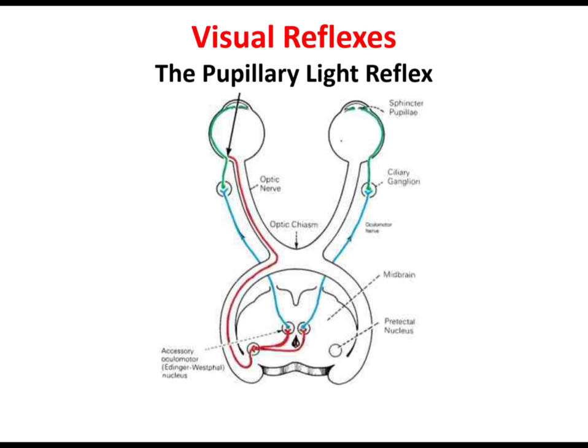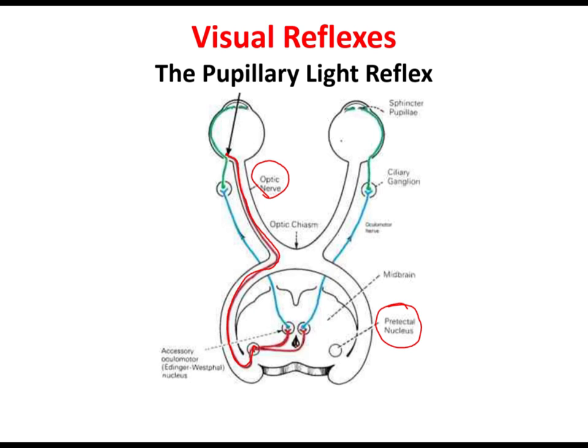Well, the afferent fibers, the information carried into the central nervous system, I'm going to redraw this in red, is the information that enters through the optic nerve. So the information starts at the retina. We have the optic nerve, the optic radiations, and now we have a signal that is sent to what's known as the pretectal nucleus.